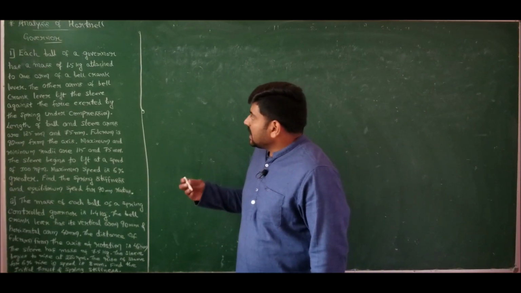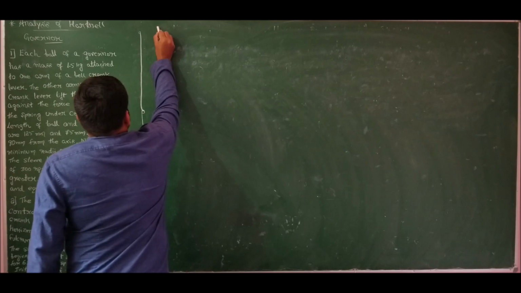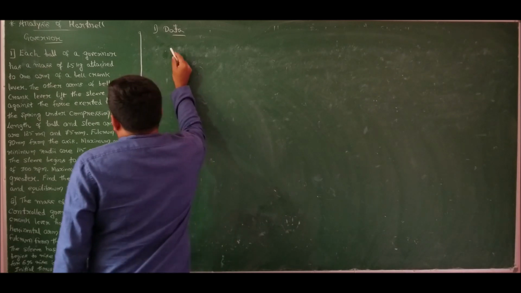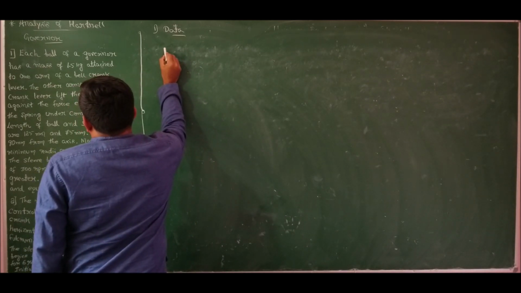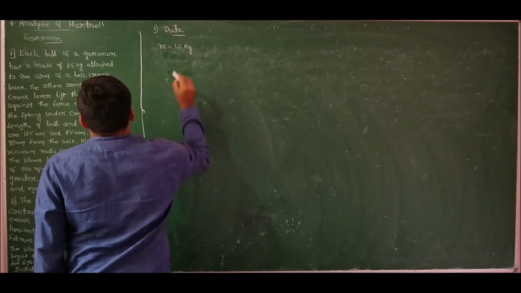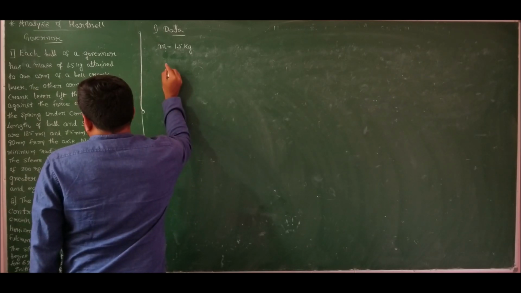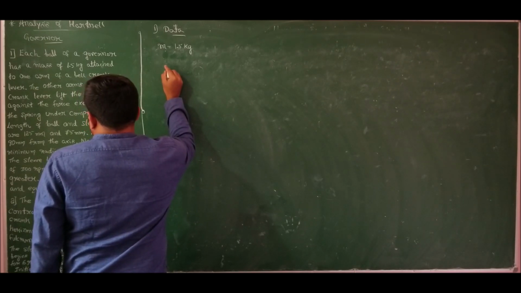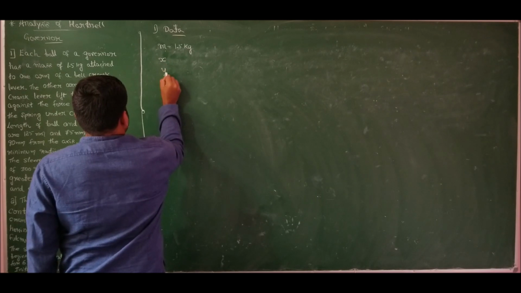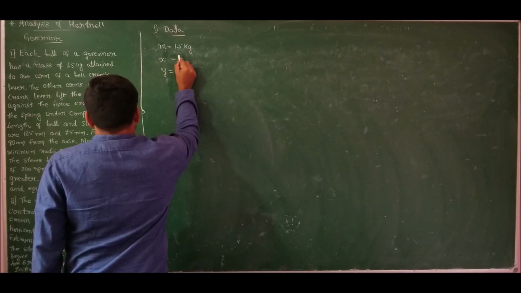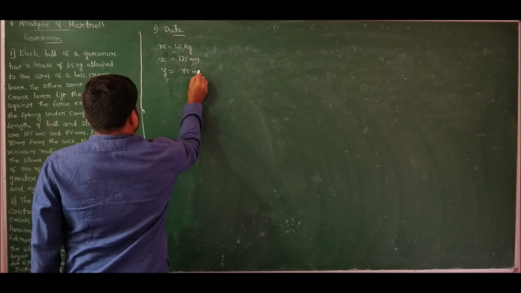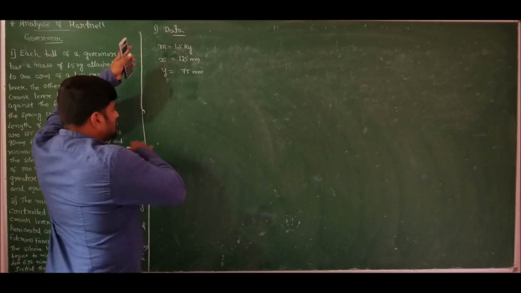If I list out the data given for problem number 1, the mass of each ball is specified, that is 1.5 kg. Lengths of the ball and sleeve arms are specified: length of ball arm x and length of sleeve arm y, which are 125 mm and 75 mm respectively. x stands for ball arm, y stands for sleeve arm.